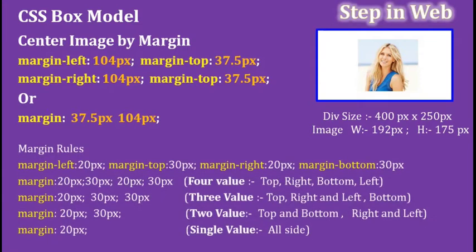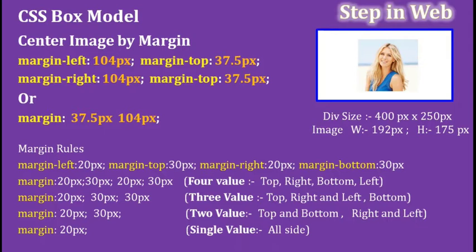The margin rules are: we can specify individual margins like left, right, top, like that. Another way, you put margin and place 4 values, 20, 30, 20, 30, then it will take the values as top, right, bottom, left. Start from the top and go in a clockwise direction: right, bottom, left.